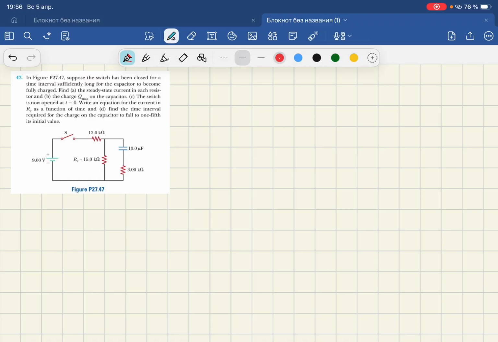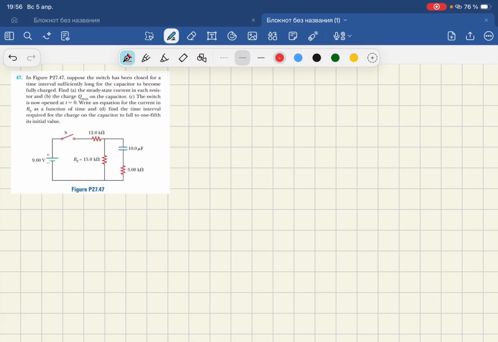In the problem, it says that in the figure, suppose the switch has been closed for a time interval sufficiently long for the capacitor to become fully charged. In part A, we have to find the steady-state current in each resistor.